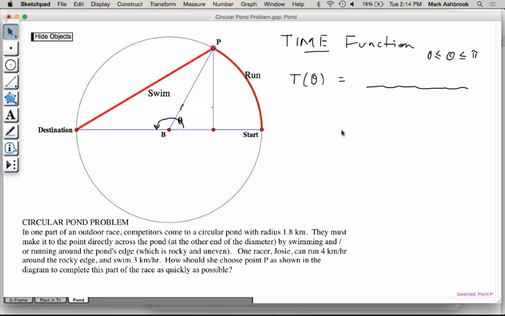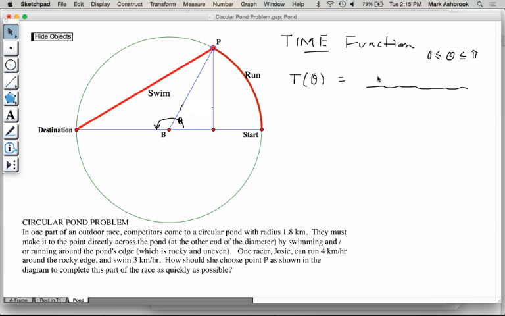This is a generic situation where she does some running up to point P, and some swimming. So what's going to be the overall structure of this function that gives us the time it takes her to do this amount of running and swimming? Yes, addition or sum. Sum of what? Be more specific.